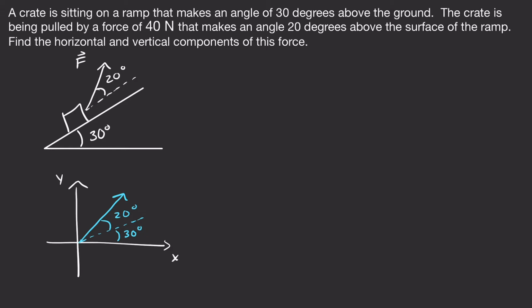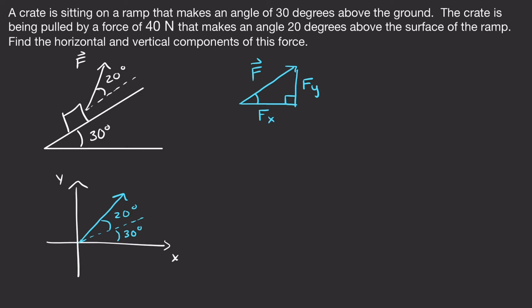So if I wanted to get my horizontal and vertical components, I need to make a right triangle. So this is my force, and this is the x component, and this is the y component.